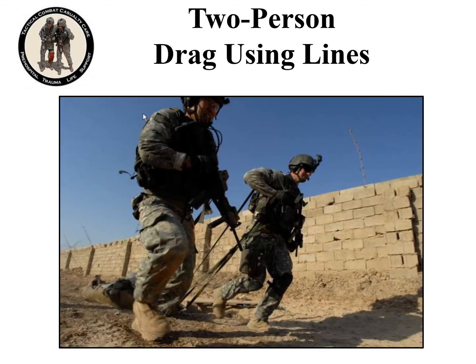Let's go next. 2-person drag using lines. Advantages: can shoot while dragging, faster than dragging without lines, and faster movement of the casualty to cover. Disadvantage: exposes 2 rescuers to hostile fire instead of 1.